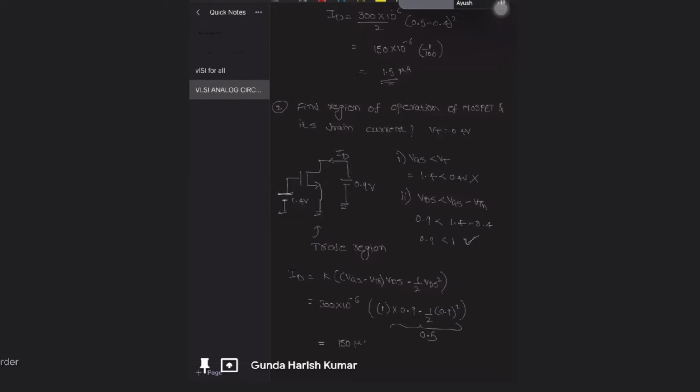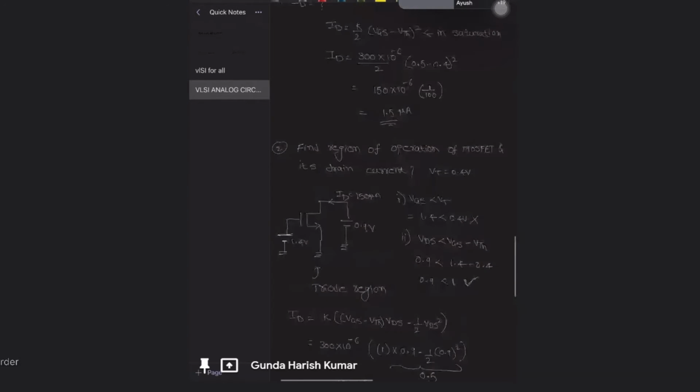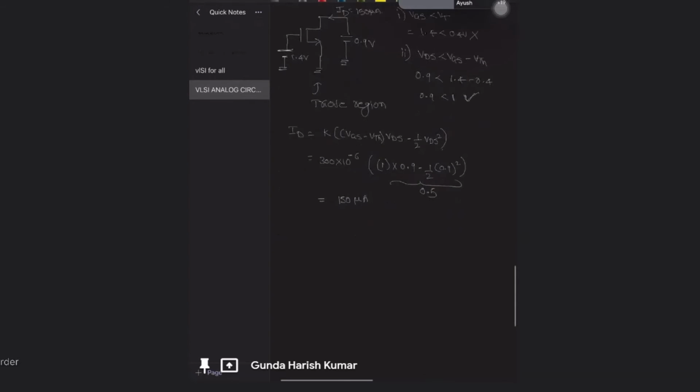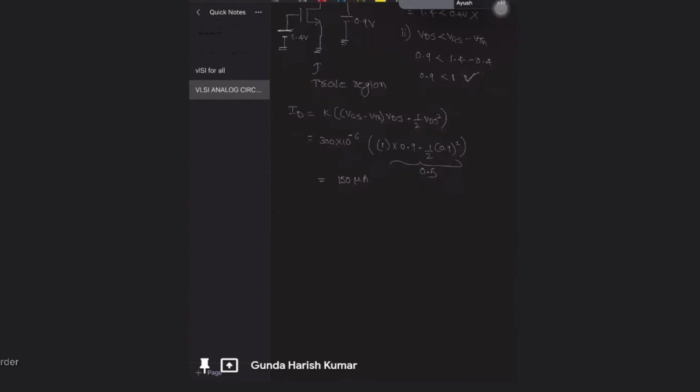This will be approximately equal to 0.5. So 150 microamps for this configuration. So this is how you have to find the region of operation of MOSFET and the drain current.